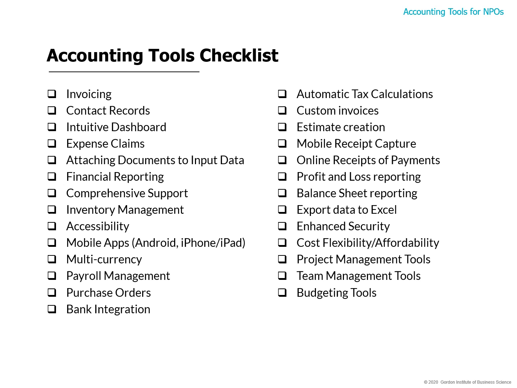In a nutshell, it has a listing of all of the major features that you would expect to find in good accounting software. You can use this as a tool to help you understand the features that you would need, and based on those, you can then match them to some of the accounting packages that are out there.